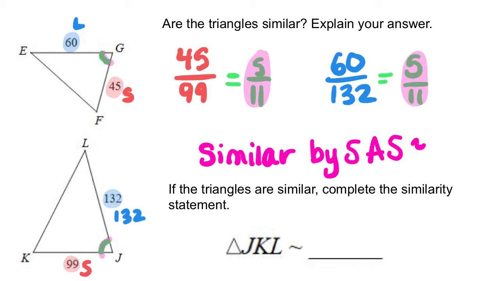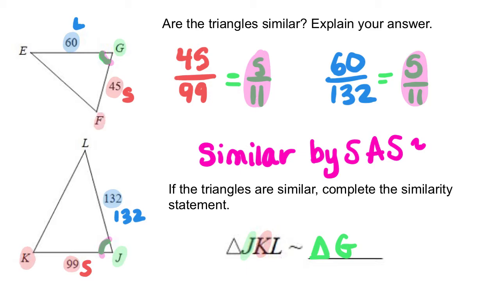Now the next thing we need to do is complete the similarity statement. What we can see is the first vertex, J, is where the angle that's given is. So the given angle in the top triangle is G. So my statement is going to start as triangle JKL, and the top will start with G. And then my next vertex is this K, which we can see is the end of the small side.